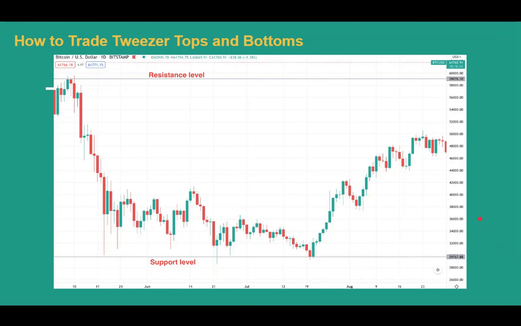Let's take a look at a few charts and talk about how to trade tweezer tops and bottoms. As I said before, these patterns are very important for us if they happen at a very important resistance or support level. In this case, price approached the support level and bounced a few times. We are talking about the Bitcoin chart. And finally here, we have this important pattern.